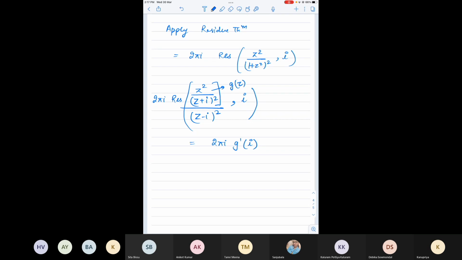Yes, Harsh, you are going to answer this. This is g(z). You just have to calculate g dash at iota. Calculate and give me the final answer.